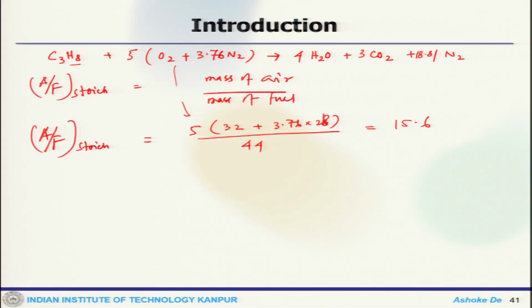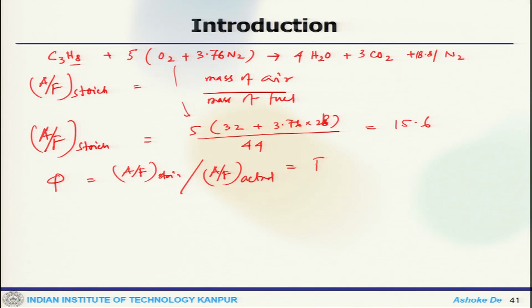So, the air fuel ratio stoichiometry divided by the air fuel ratio actual is called the fuel equivalence ratio, phi.